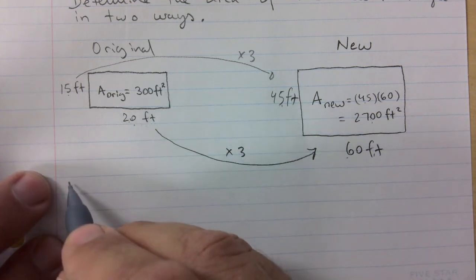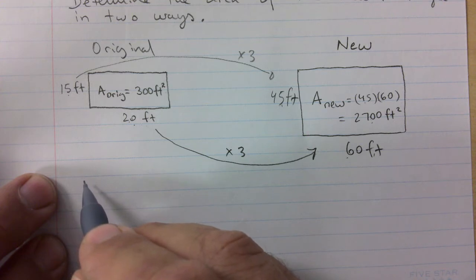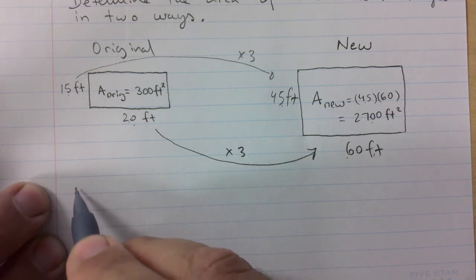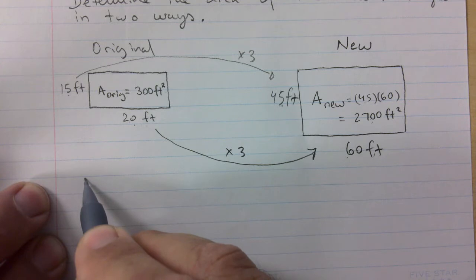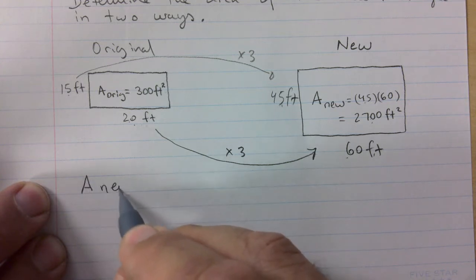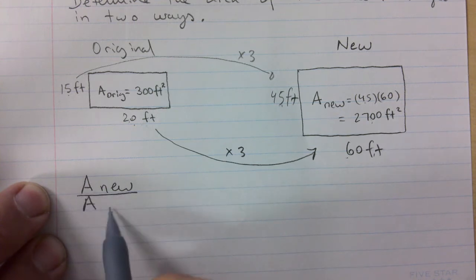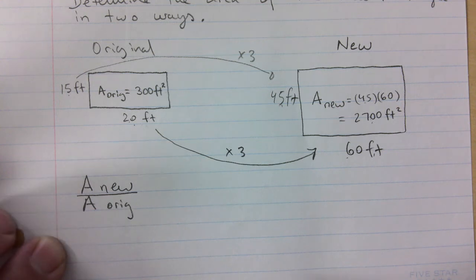So let's write that out over here, where you have the area of the new divided by the area of the original. If you take those two, what would you get?